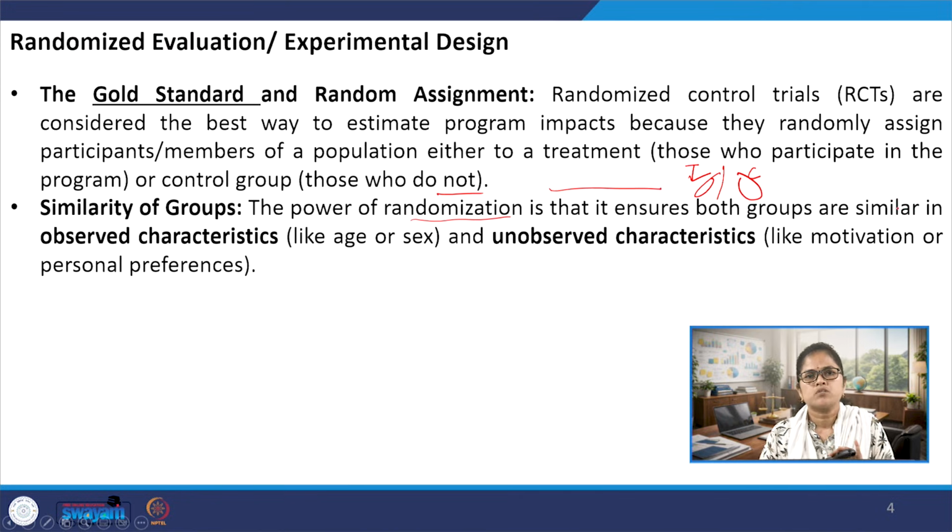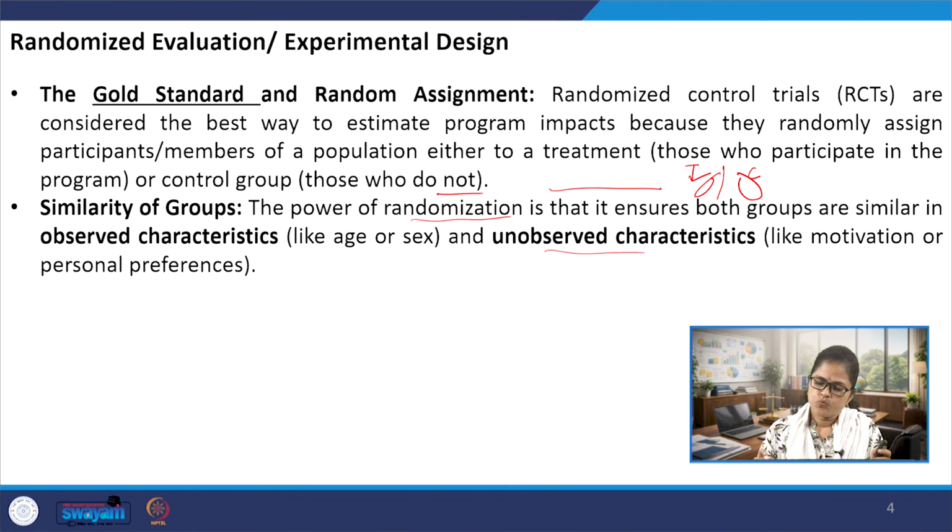What are those unobserved characteristics? They could be personal preferences or motivations, confidence level, the interest to learn something or to participate, or courage. All these are personal preferences, and they are largely unobserved characteristics.